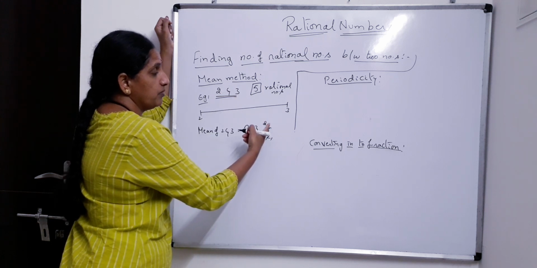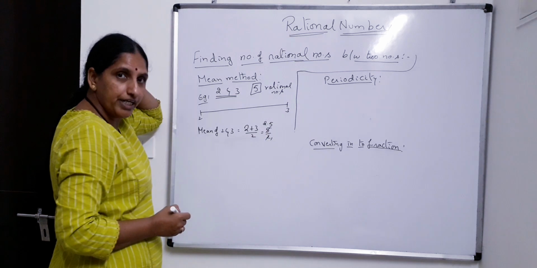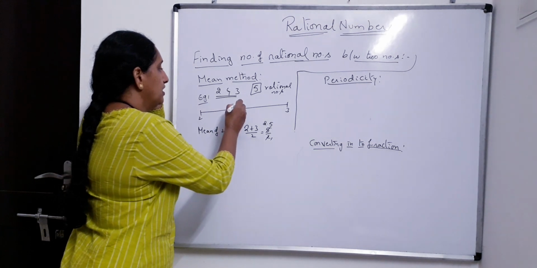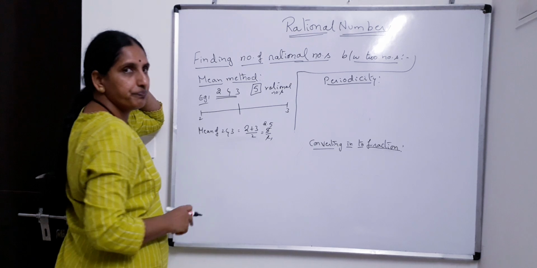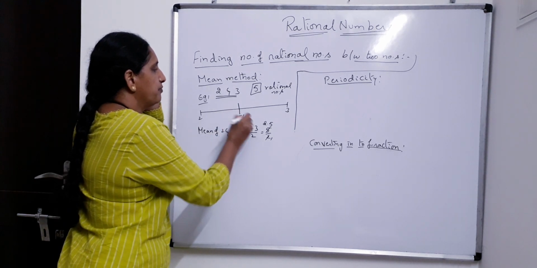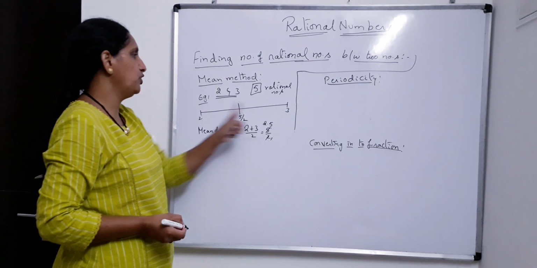If you put a decimal point here, it will become 10. So 2 fives are 10. 2.5. Yes, it lies exactly at the midpoint of these two. So this is 5 by 2. So we got one rational number between 2 and 3.